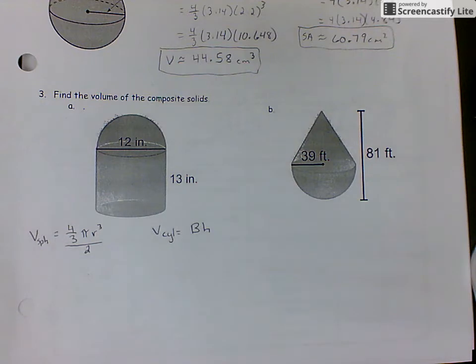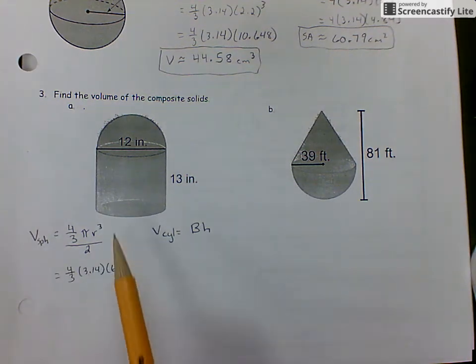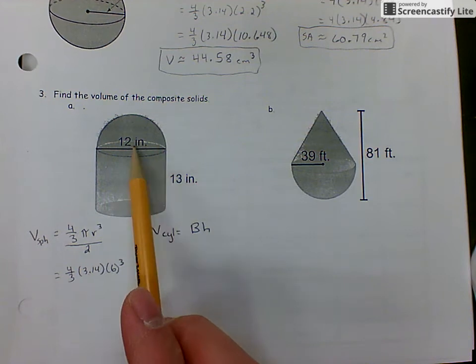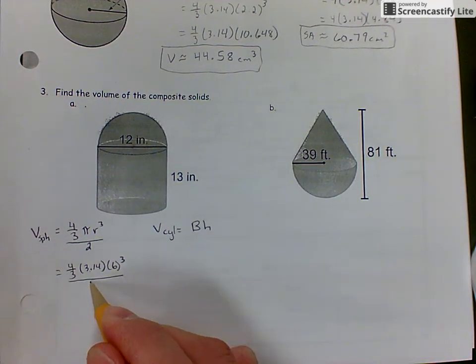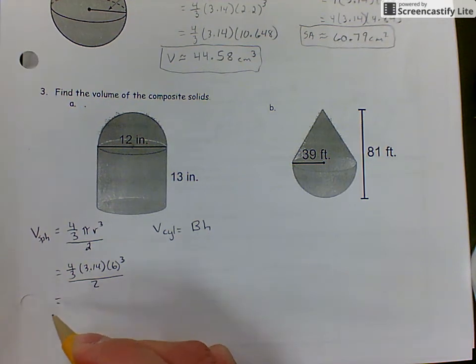So let's work on the sphere first. Let's plug in our information and let's solve for that. So we've got 4/3 times pi times 6 cubed. Remember, my diameter is 12, so then my radius is only going to be half of that, which would be 6. And we'll divide our final answer by 2 once we find it.